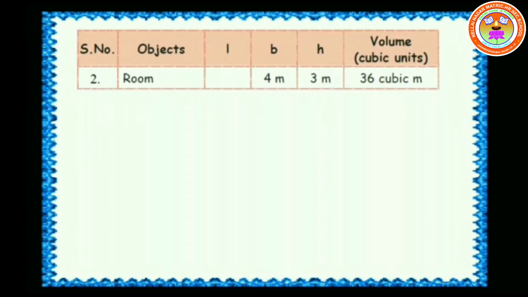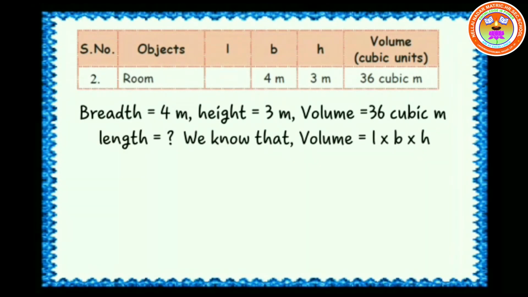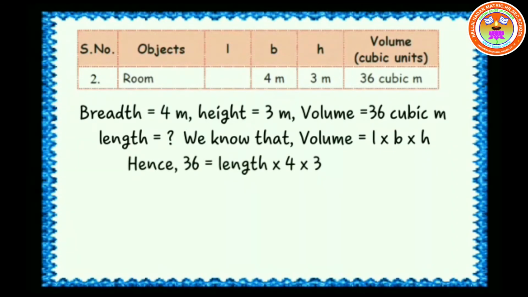Second object is room, whose breadth is 4 meter, height is 3 meter, volume is 36 cubic meter. We want to find the length. We know that volume is length into breadth into height. Hence, 36 is length into 4 into 3. 36 divided by 4 into 3 is length.